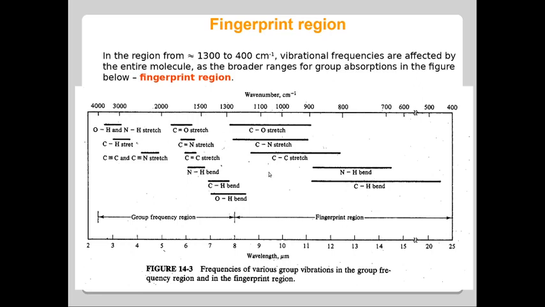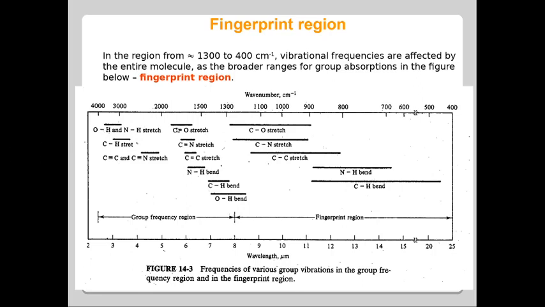Okay, but the region starting from almost 1400 centimeter inverse up to say 4000 centimeter inverse is usually associated with the vibrations of chemical bonds involved in functional groups such as the OH hydroxyl functional group in phenol.